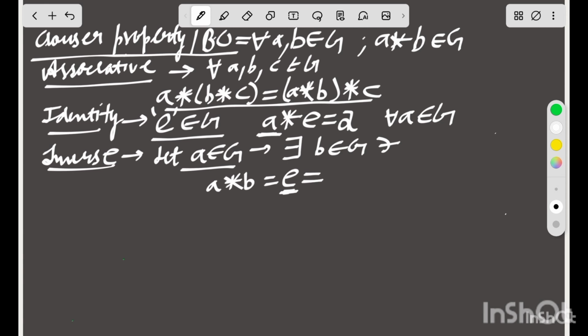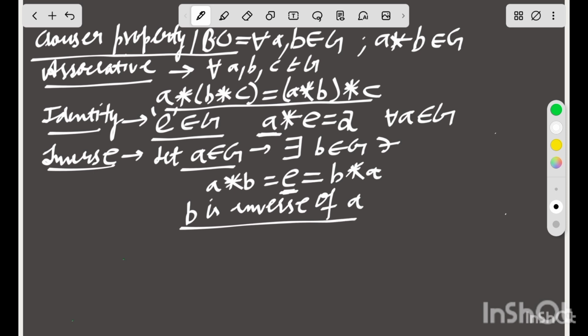Then we called B is the inverse of A. So if a set satisfies all these four property, then the set is called the group, and we usually give the notation to the group G star.